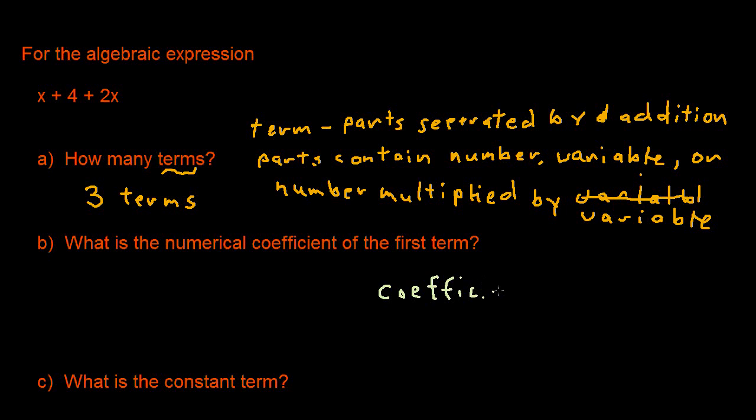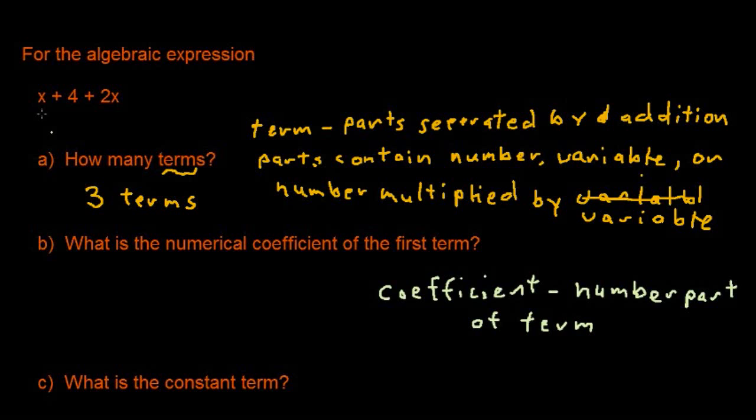Well, the coefficient is nothing more than the number part of a term. So if we look back at our algebraic expression, we can see that the numerical part of the third term is 2, for example. So 2 is the numerical coefficient of the third term.